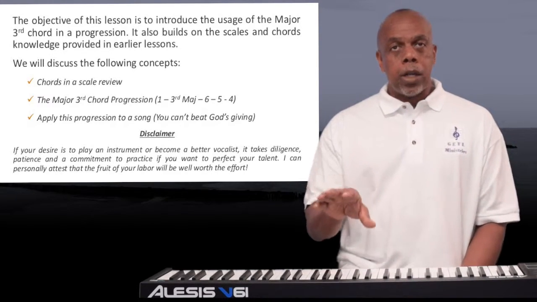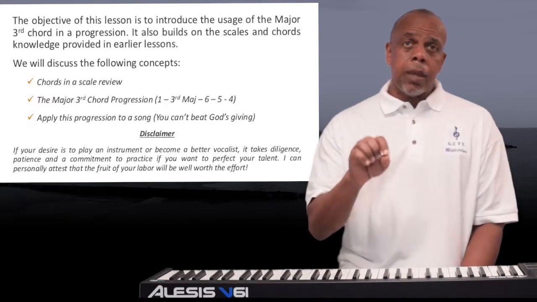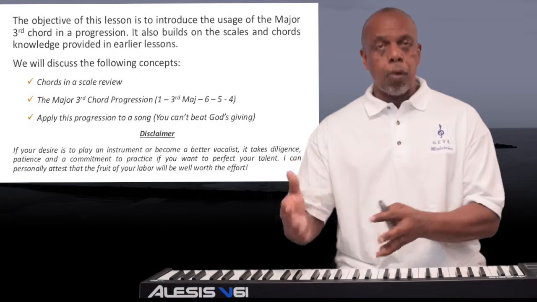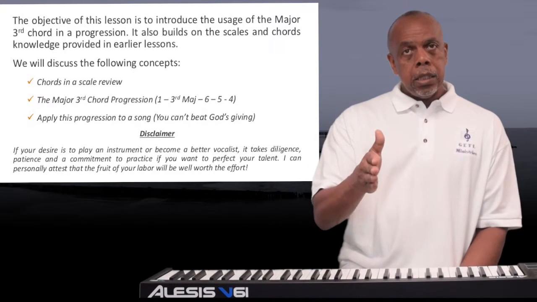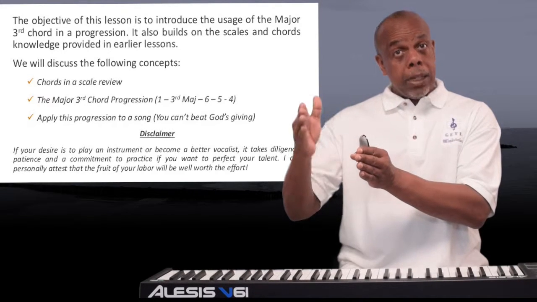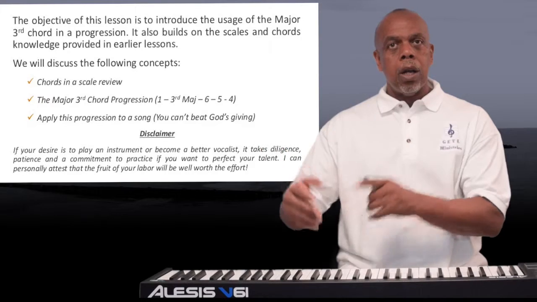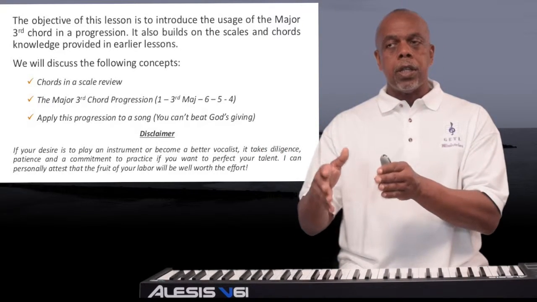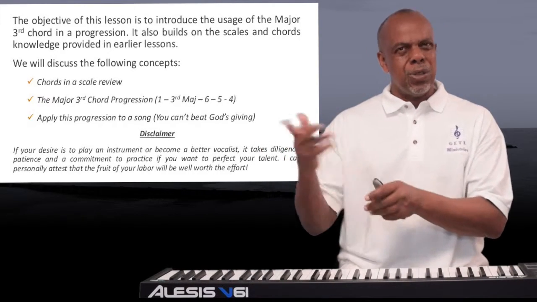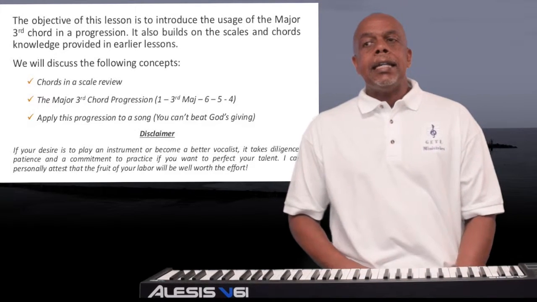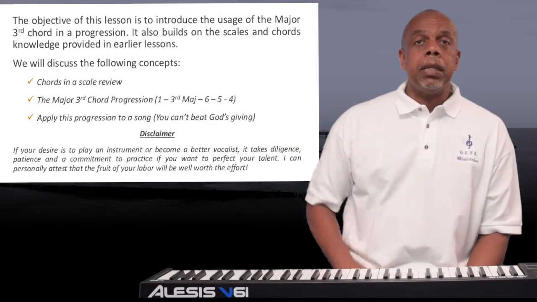Then we'll go into a progression. This may not make sense now, but hopefully we'll break it down for you. It's going to be a 1, the third major, to a 6, to a 5, to a 4. 1, major third, 6, 5, 4. You'll hear it and you'll catch it. And then we're going to get into the song, You Can't Beat God's Giving.